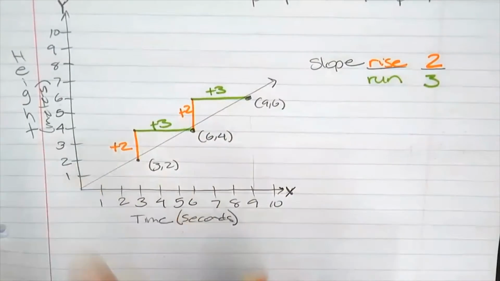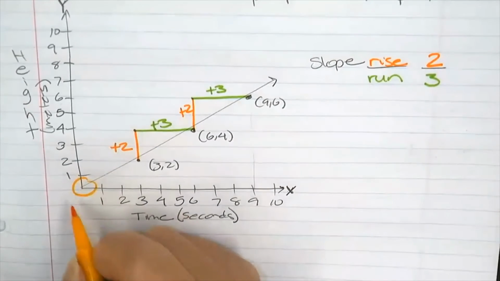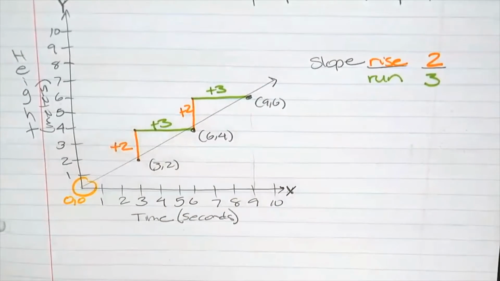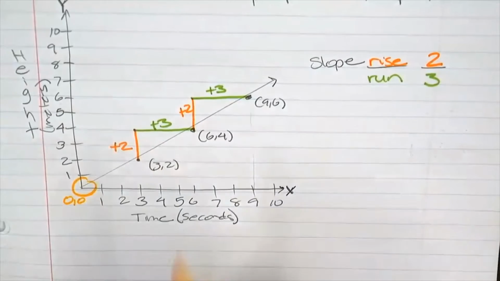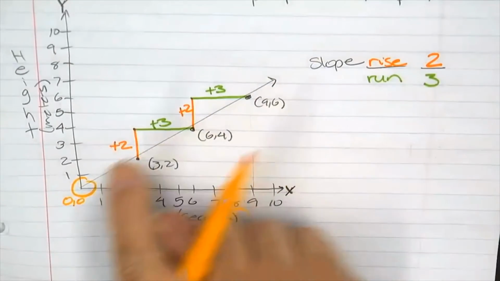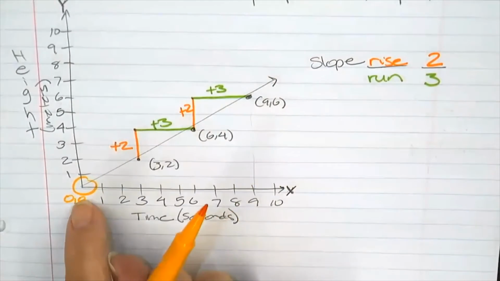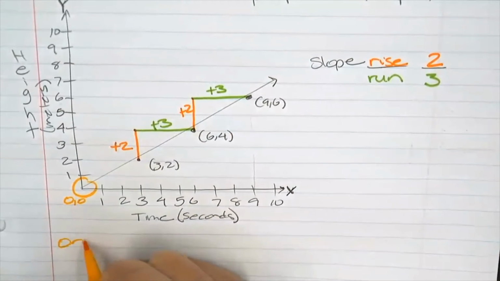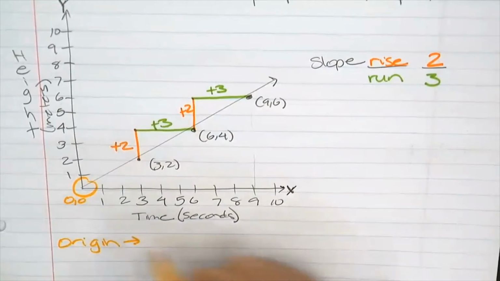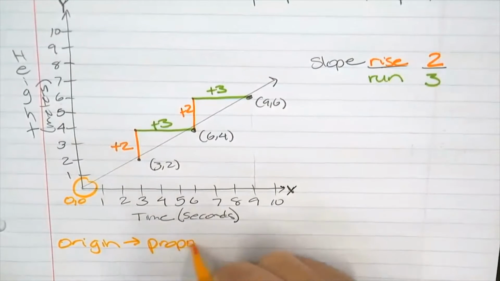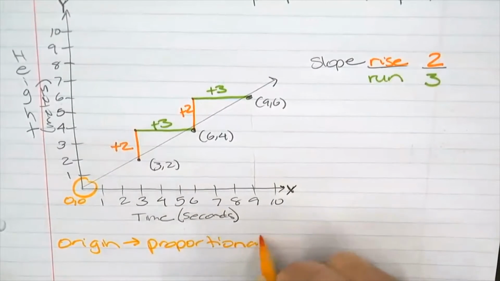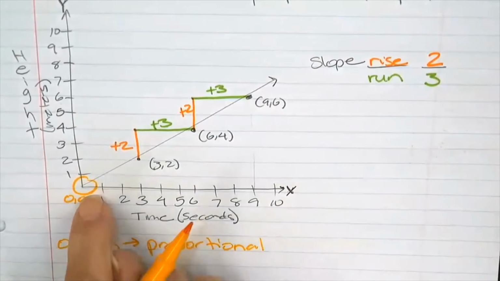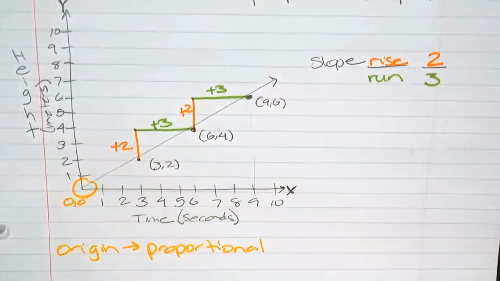The line right here goes through the origin. If you have a straight line with a constant slope that goes through the origin, then it is proportional. It has to go through the origin to be proportional.